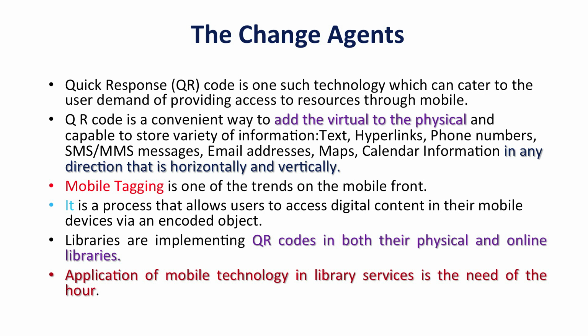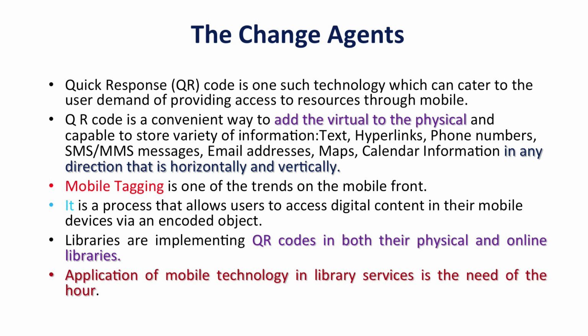A QR code is a convenient way to add the virtual to the physical and is capable of storing a variety of information. It includes text, hyperlinks, phone numbers, SMS, MMS, email addresses, maps, calendar information, in any direction, that is horizontally or vertically.